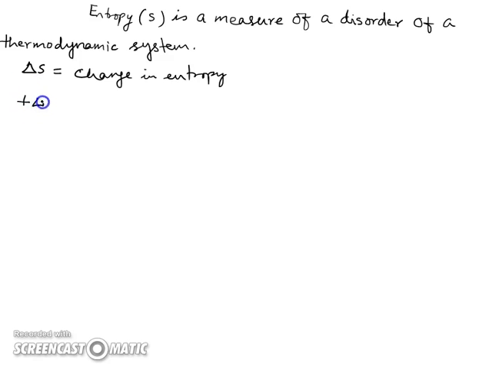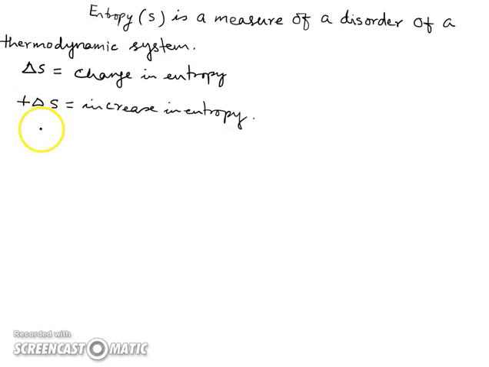Positive delta S means that there is an increase in entropy. That means there is an increase in the disorder.